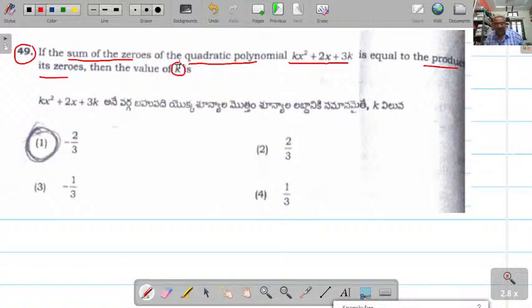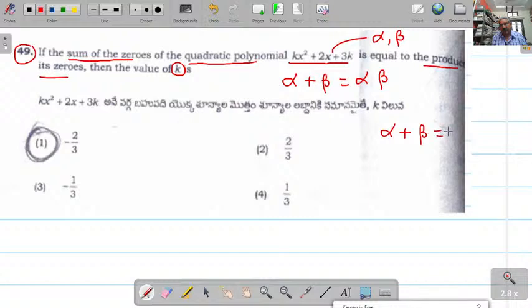If the sum of the zeros of a polynomial is equal to their product, let us say the zeros are alpha, beta. Alpha plus beta is equal to alpha beta. My dear students, alpha plus beta is equal to minus b by a, whereas alpha beta is equal to c by a. Both are equal, so minus b by a equals c by a.